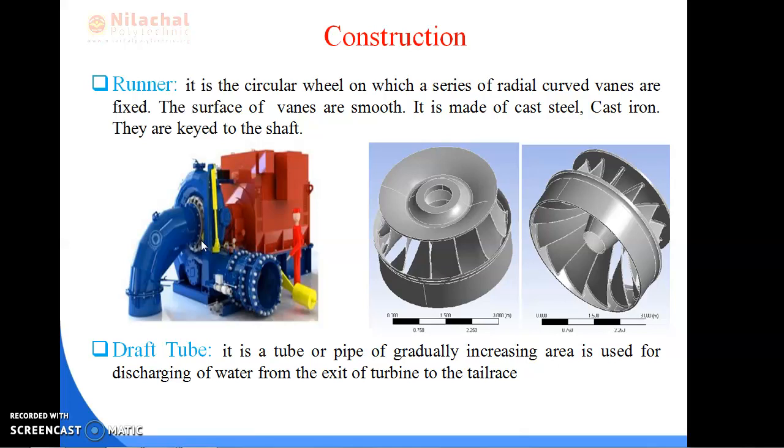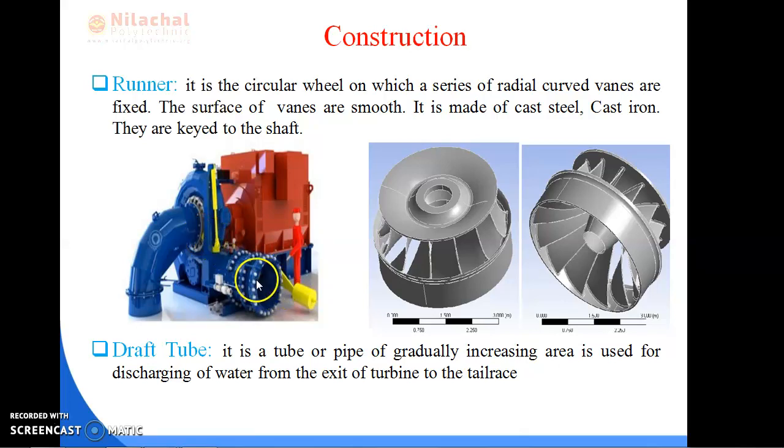The kinetic energy of water moves the vanes, and thereby rotation takes place at the output shaft of the turbine. The water enters the casing from this end, and it leaves at this outlet end in a direction parallel to the axis of rotation.